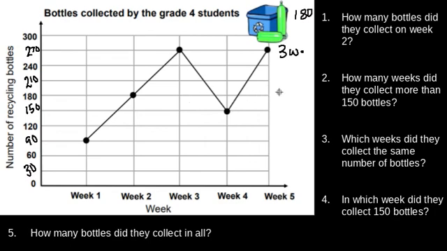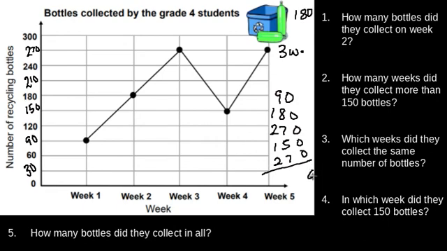For week 1, we have 90. For week 2, we have 180. For week 3, we have 270. For week 4, we have 150. And for week 5, we have 270 again. So we add it up.